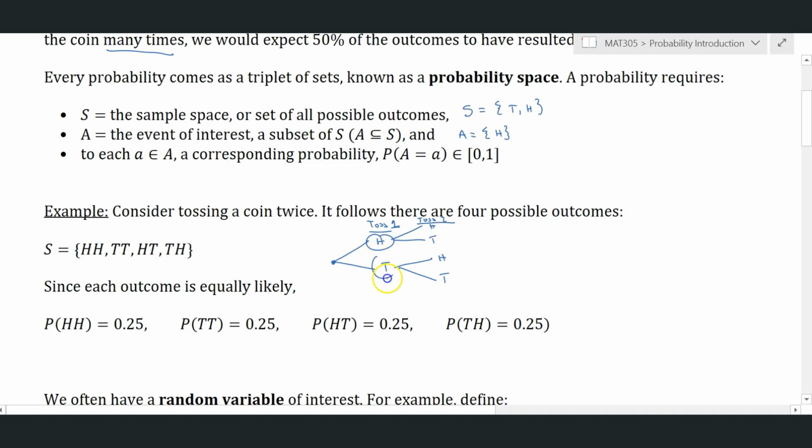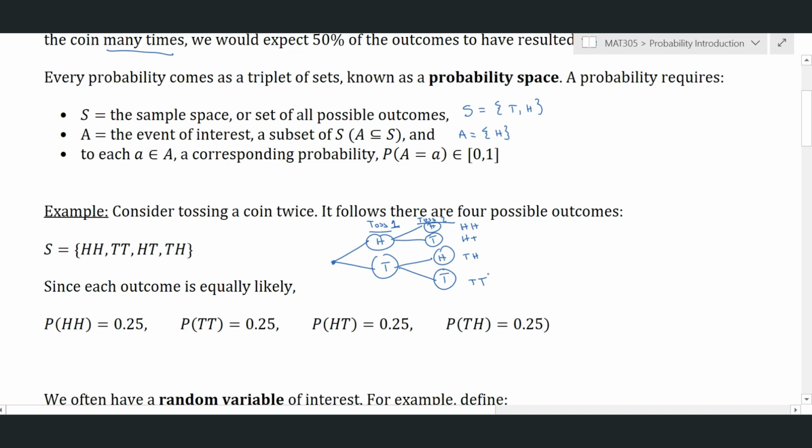And now you can think about each of these branches as leading to a distinct outcome. So for example, if we start at toss 2 being heads, then we could trace that back to the root and see that that would lead us back to another head, which would be the outcome head-head, and then head-tail, tail-head, and tail-tail. So you can see there are 4 outcomes.